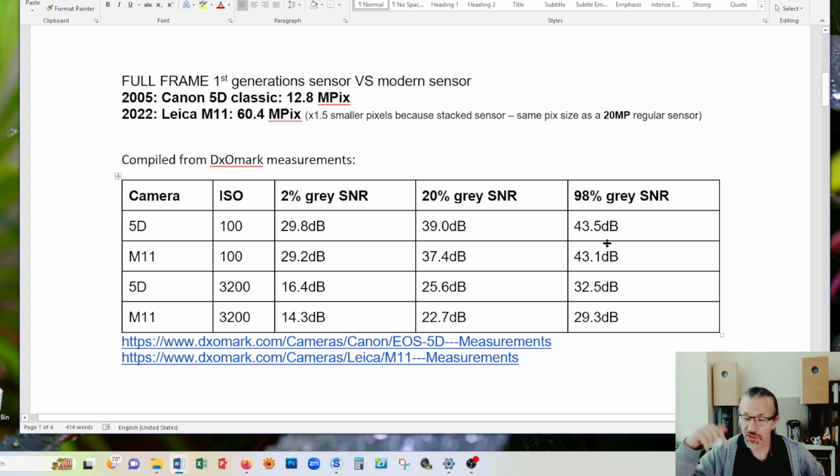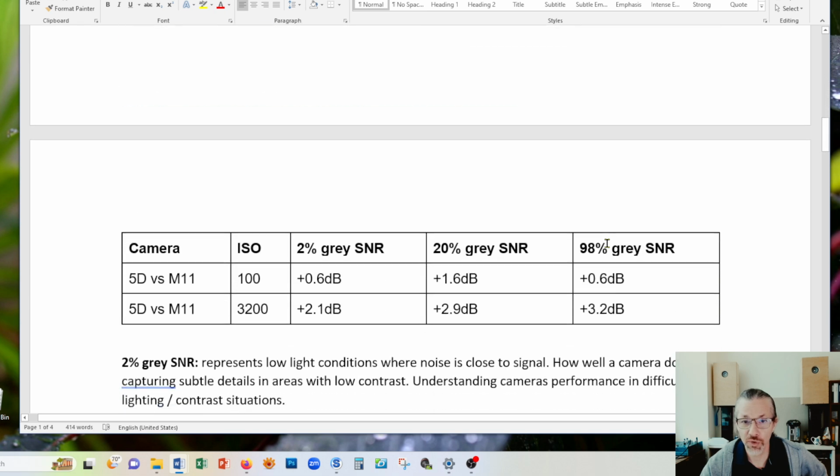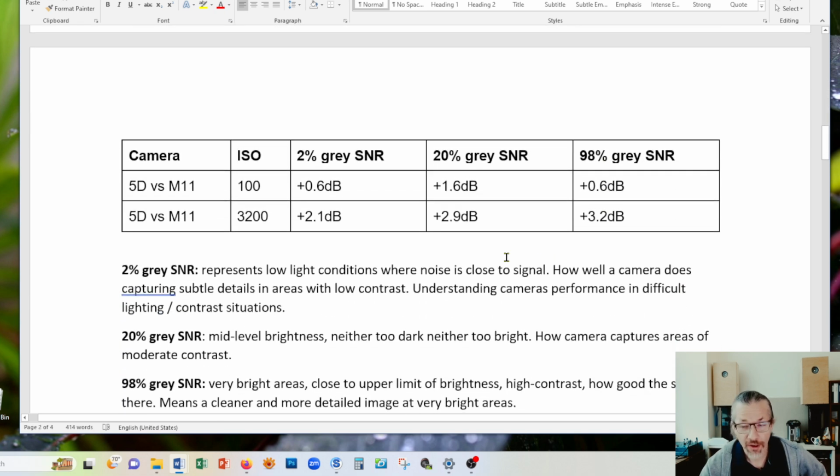But let me just scroll down, because I did a difference between the two, where I just show the dB difference between 5D versus M11, and to my extreme surprise, the 5D has more information in all of the circumstances.